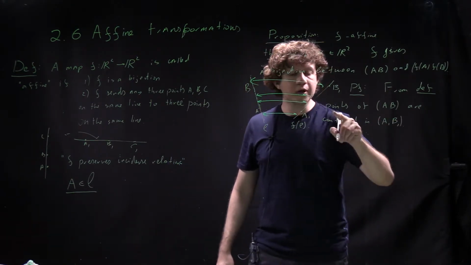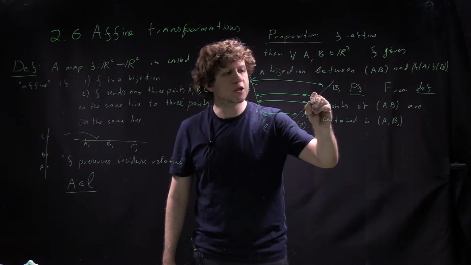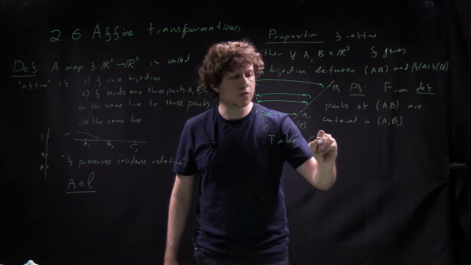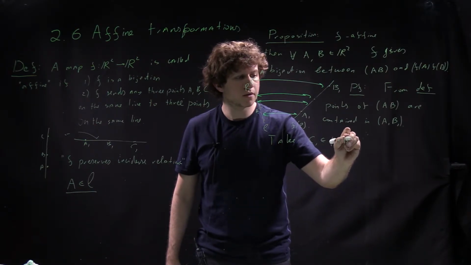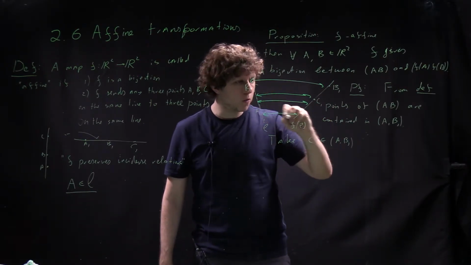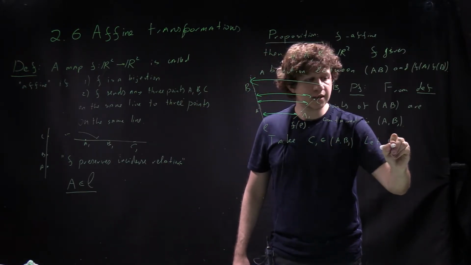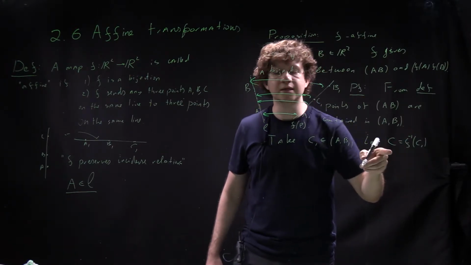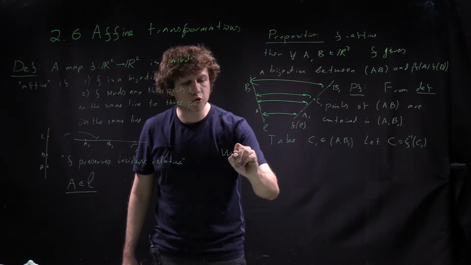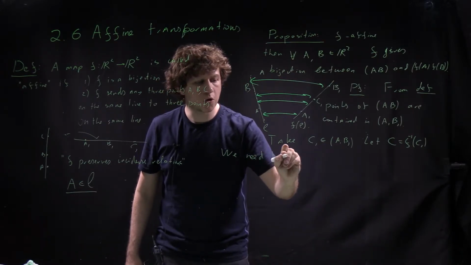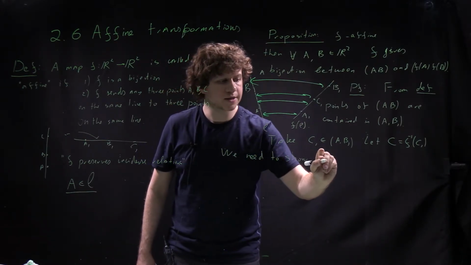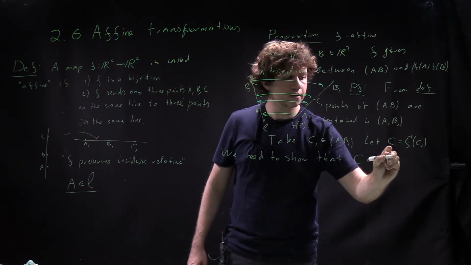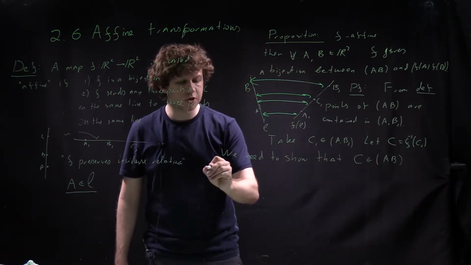But what we need to check is this: take some point C1 on the line A1B1. Let C be the pre-image of this point, and since F is a bijection, I know that it exists. We need to show that C lies on the line AB. This is what we need to show, so assume it's wrong, so assume not.